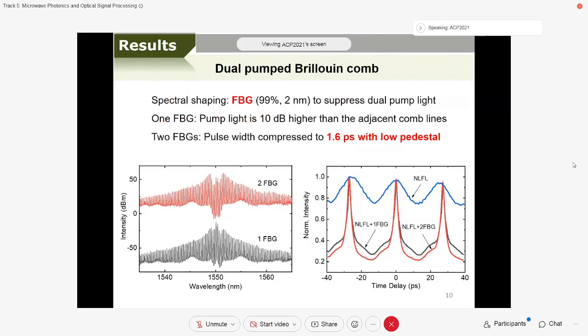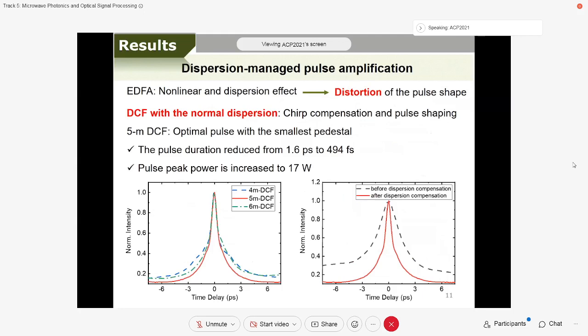Then we use the DCF to compress the optical pulse, and during the dispersion compensation, we compress the pulse to 494 femtoseconds.